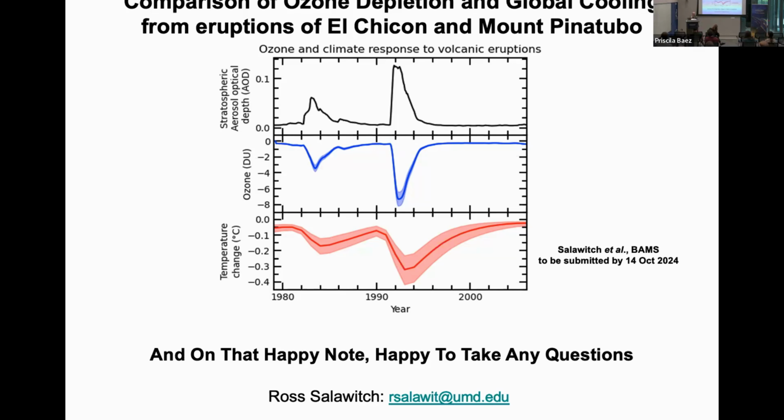I have two sides: my consensus building, voice of the community side, and then my other side. I'm working on another paper for submission to BAMS, the Bulletin of the American Meteorological Society, that's talking about how the stratosphere is an unsolved problem. And this figure will be in that paper. So I'm trying to have my cake and eat it too.